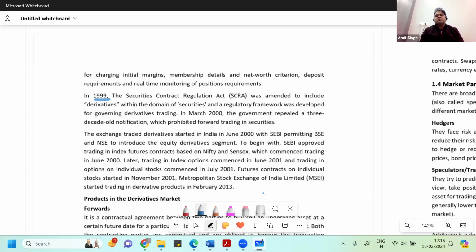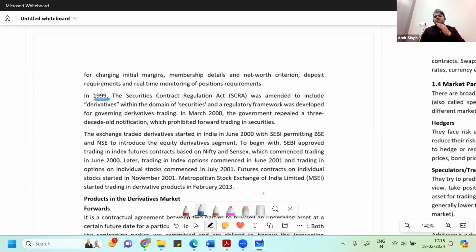In March 2000, the government repealed the three-decade-old notification which prohibited forward trading in security. So in March 2000, the government made regulated changes in the trading of forward contracts, which it had abolished before.